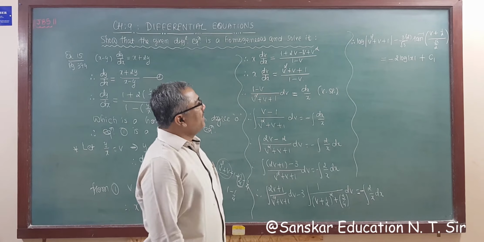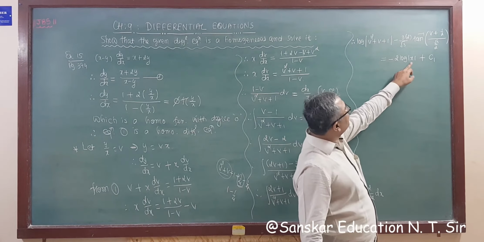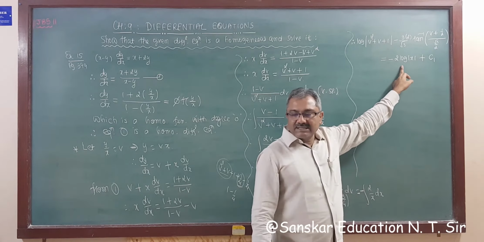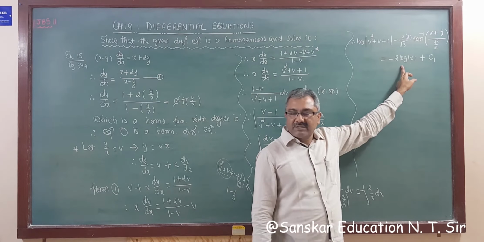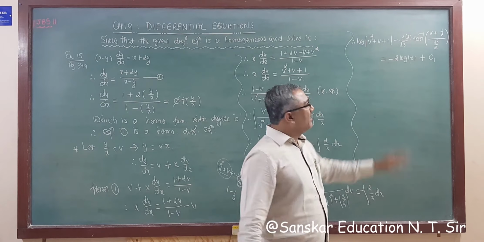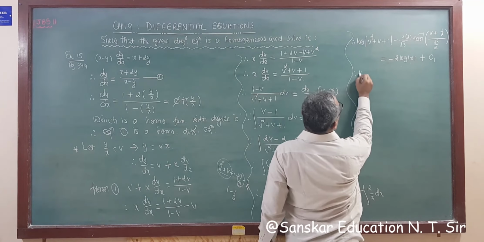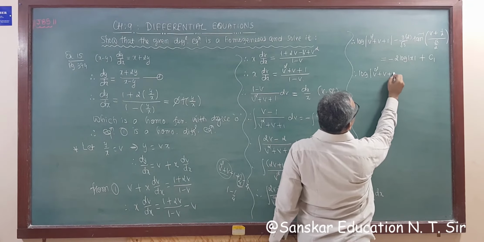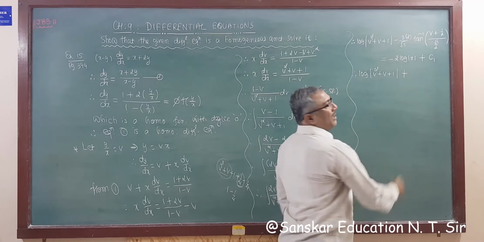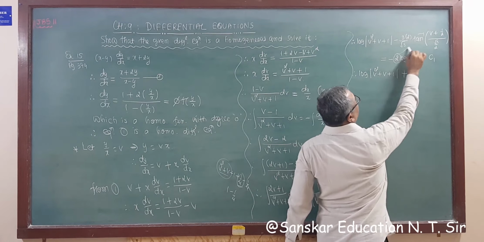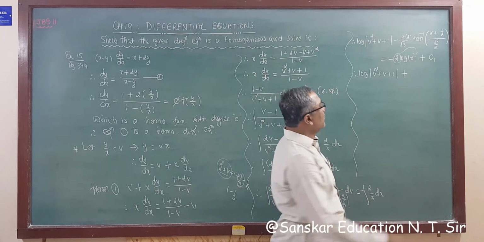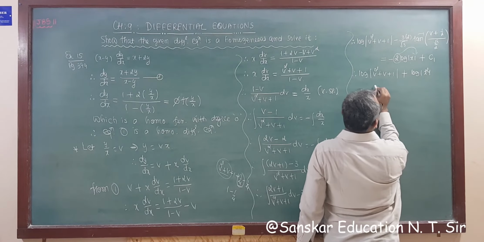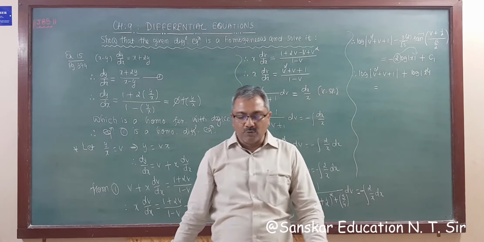Okay. So now taking these two to left hand side, this minus becomes plus, this minus becomes plus, right? So what we get here is log mod v square plus v plus 1 plus. Now I am taking 2 to power, so this becomes log mod x square. So plus log mod x square is equal to log mod x square.